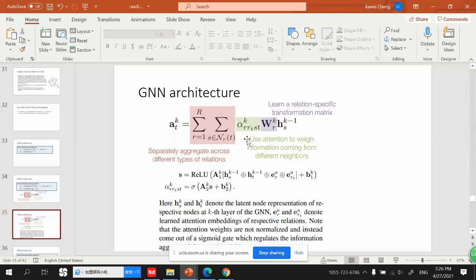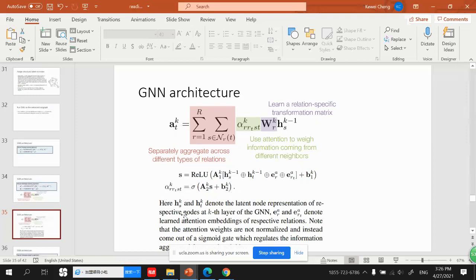So we know that this attention is related to all these four different pieces of information. So we will concatenate the embeddings of these four, and then we will use a neural network layer to learn a final sigmoid score of these attentions.